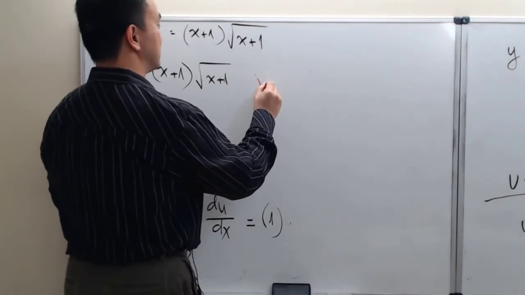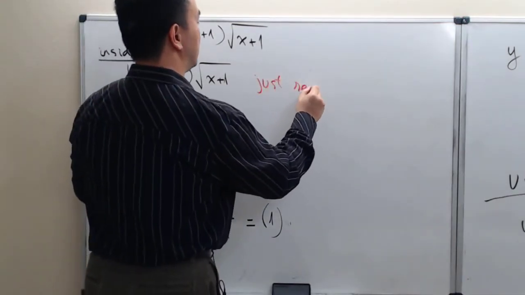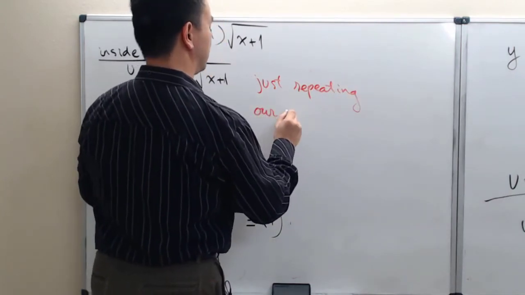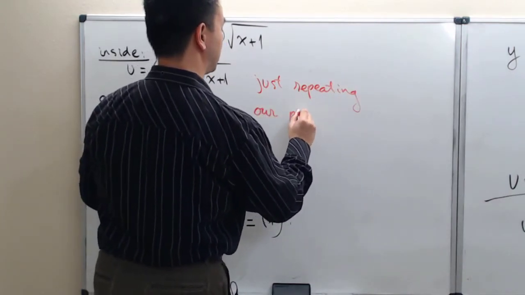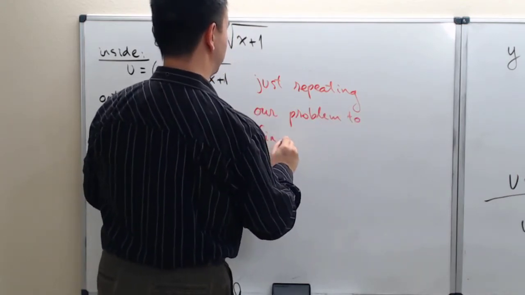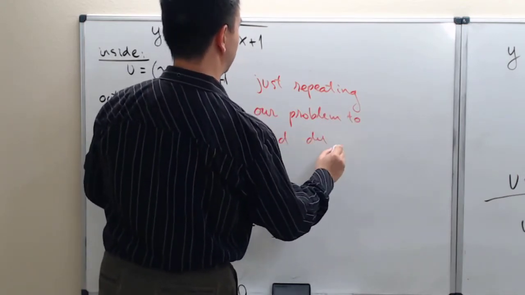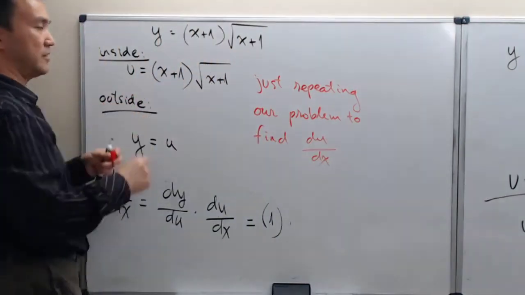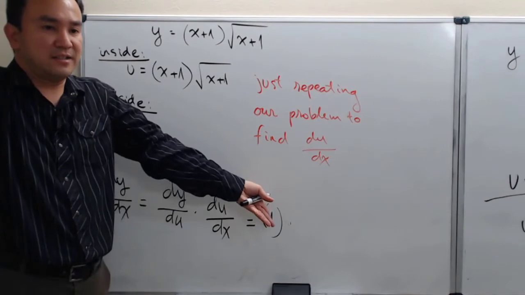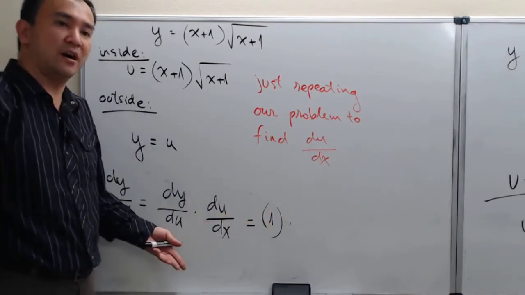This is another problem where we're just repeating our problem to find du dx right here. It's just the same as the earlier problem. So did that get us anywhere? No, we haven't got anywhere.